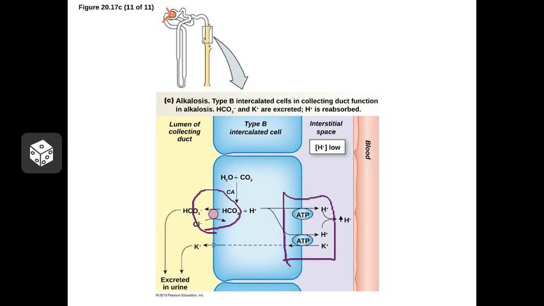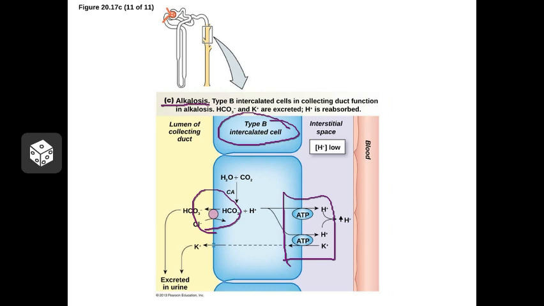But if you notice, they're on the opposite sides of the cells that we looked at in the previous slide. These are type B intercalated cells. And essentially, they work in reverse as the type A.